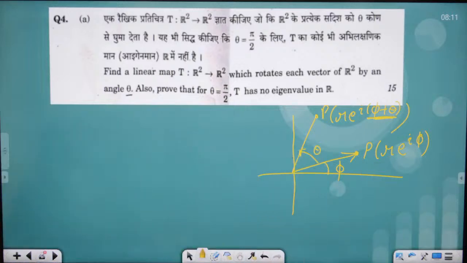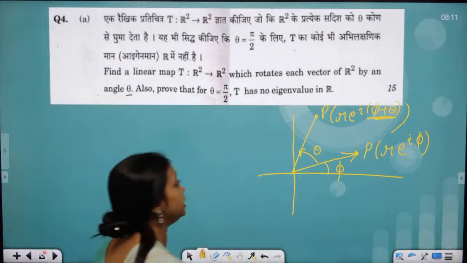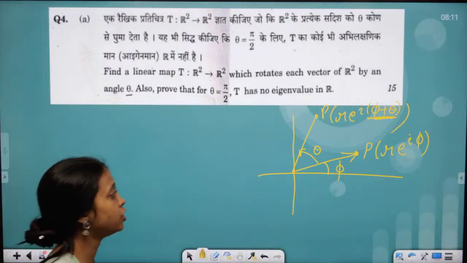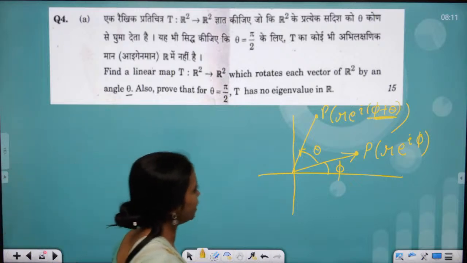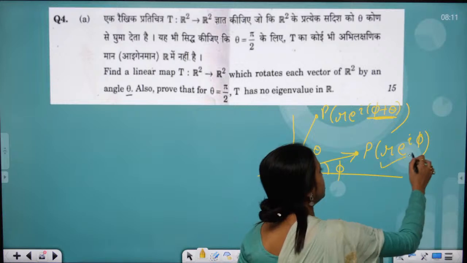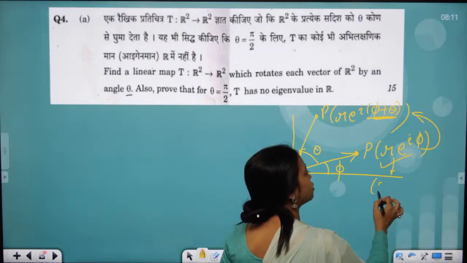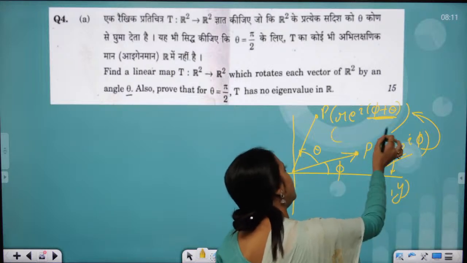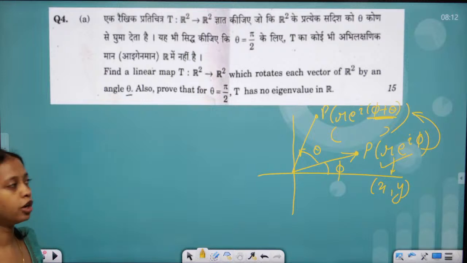Find a linear map R2 to R2 which rotates each vector of R2 by an angle theta. Basic observation, right? Now what you can do, you want a linear mapping which changes this to this. This is nothing but x comma y. You have to find the coordinate in terms of the Cartesian form.